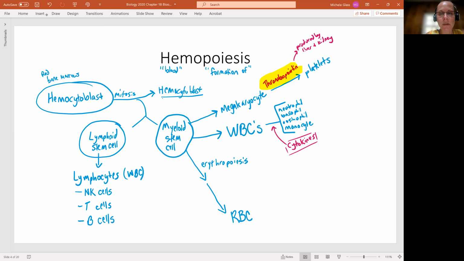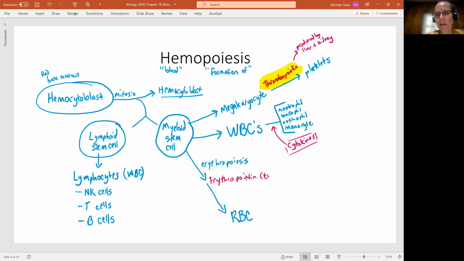And it is going to be coordinated by a hormone called erythropoietin. Let me change my pen color. I always forget my Y when I spell out erythro anything.